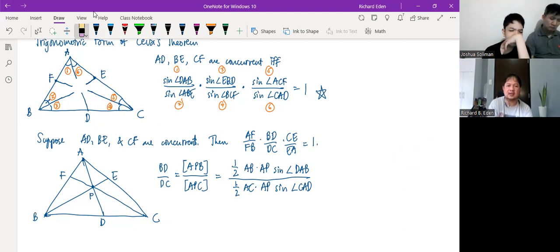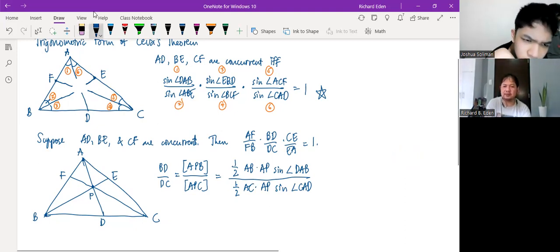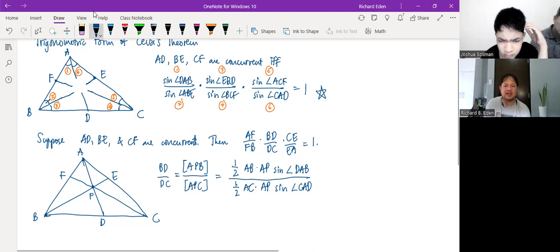And that simplifies to the following. So the 1/2s cancel, and clearly AP over AP. Now AB is small c, and then AC is small b, and then sine of angle DAB divided by the sine of angle CAD. Okay.